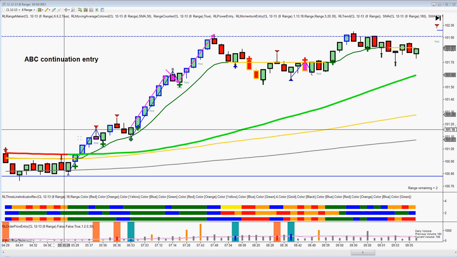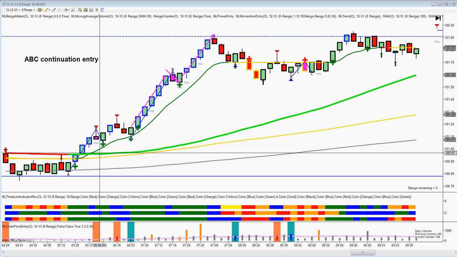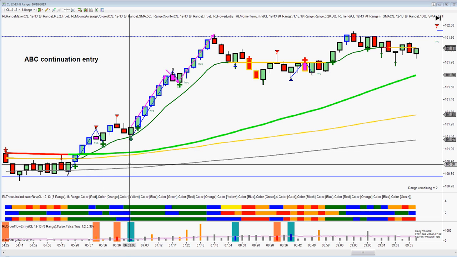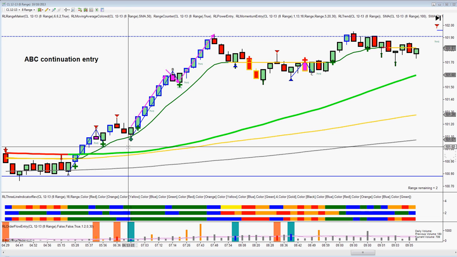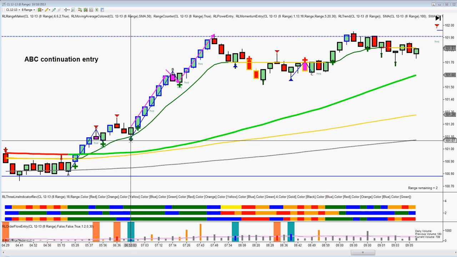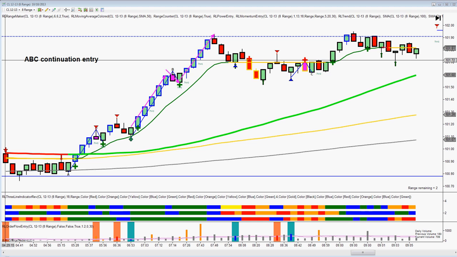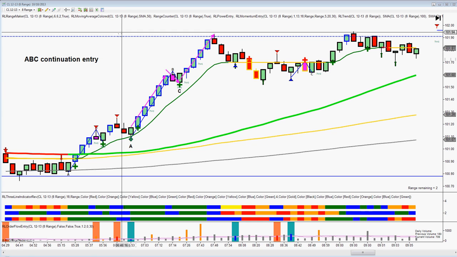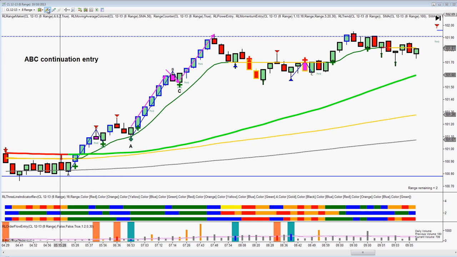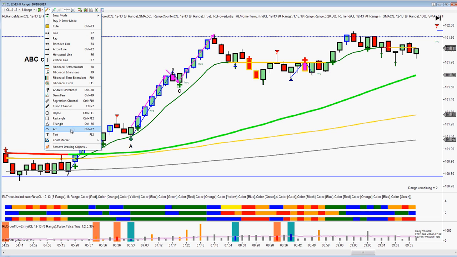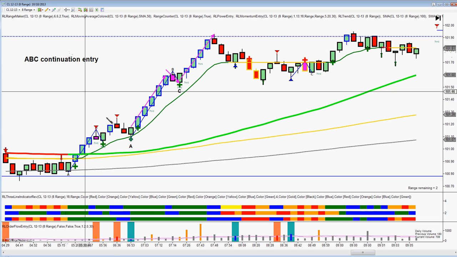Now, if we look at the ABC continuation trade, the first thing that's important is that we get the A. And the A, which is obscured here by this order flow asymmetry signal, occurs right here. And I'm going to place an arrow line here.